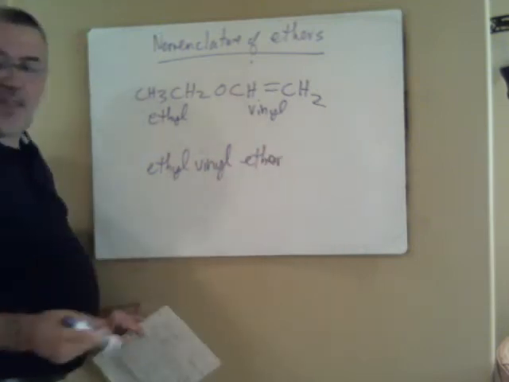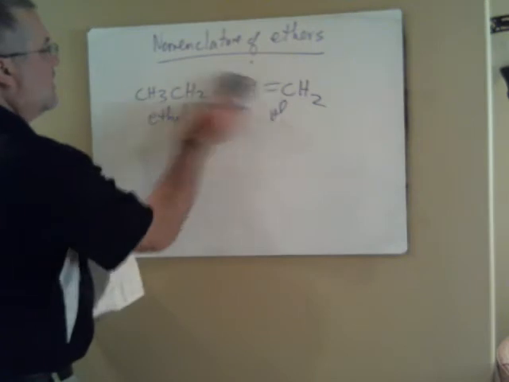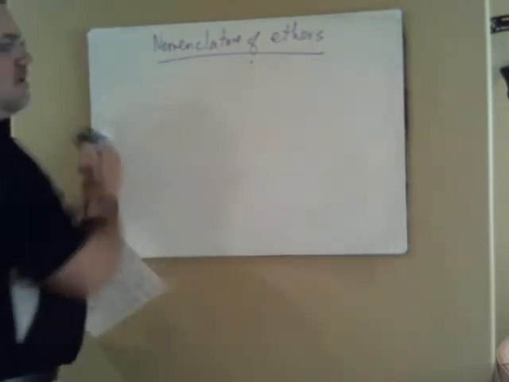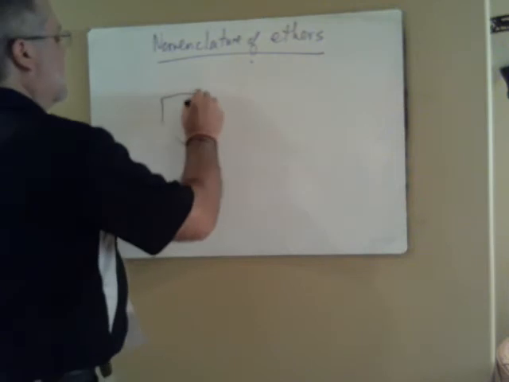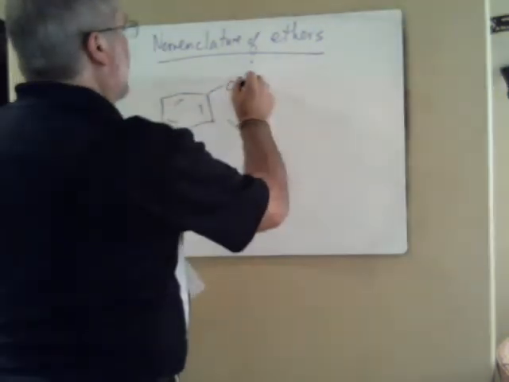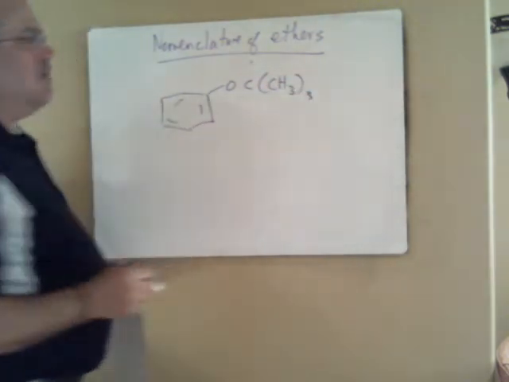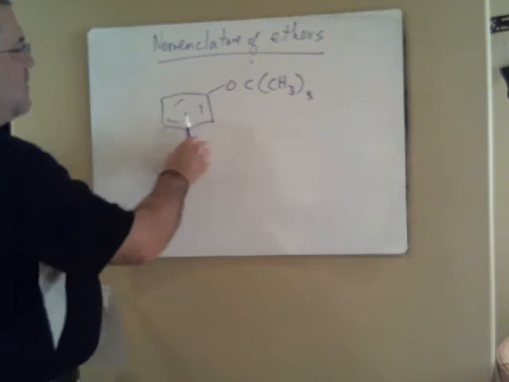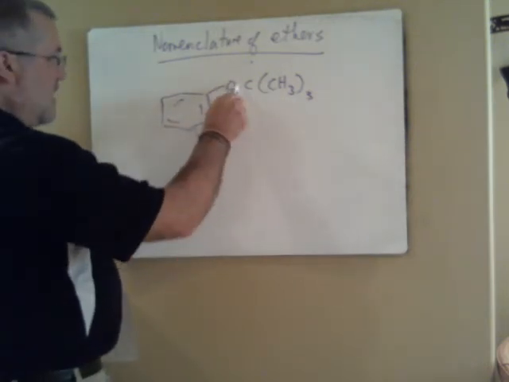And just to emphasize, because we've transitioned from the last lecture, what if we had one of the residues be an aryl group? And let's do an alkyl substituent there. So again, we have the two organic residues attached to an oxygen.